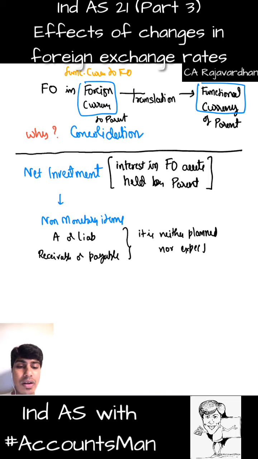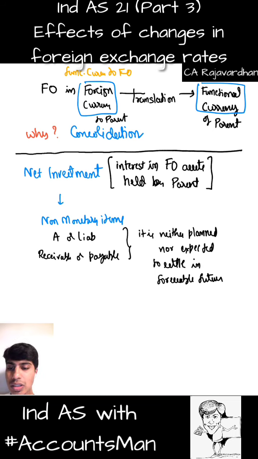Neither do we have a plan nor do we have an expectation to settle in the foreseeable future. Now I have a subsidiary. From that subsidiary I am supposed to receive some money, and this is a non-monetary item, and it's long term. Neither have I told my subsidiary that you need to pay me after a certain date, nor am I expecting my subsidiary to pay. So it's a long term non-monetary item, neither expected nor planned to be settled in the foreseeable future.